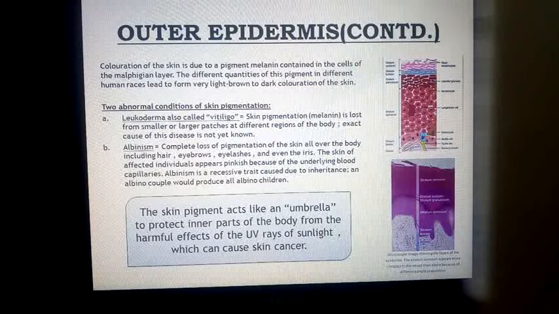The skin of affected individuals appears pinkish because of the underlying blood capillaries. Albinism is a recessive trait caused due to inheritance. Recessive trait means it is suppressed and suddenly in one generation it will appear. That is inheritance, that is a hereditary disorder. An albino couple would definitely produce all albino children.